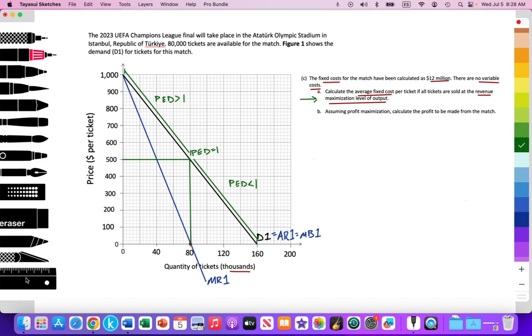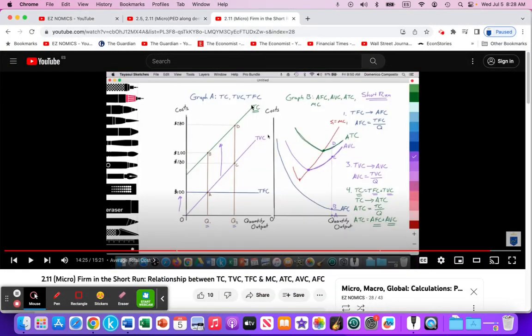All right, let's see what you came up with. There's some prior knowledge that we need here. There's another video that explains total costs, total variable costs, total fixed costs, and how we can use that information to calculate the average fixed costs. The question is asking us to calculate the average fixed cost, which is equal to total fixed costs divided by quantity.